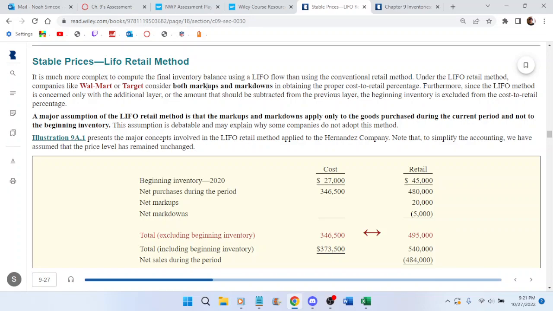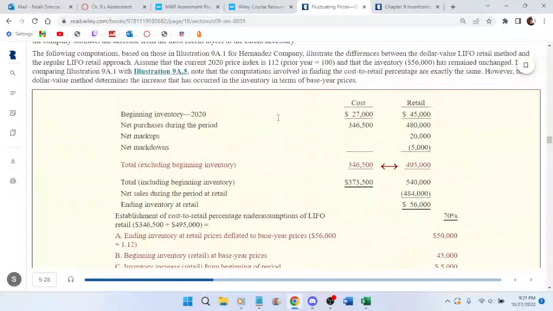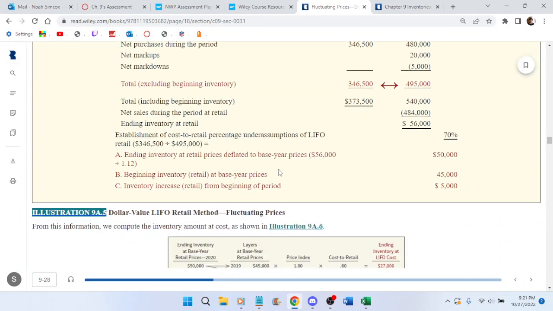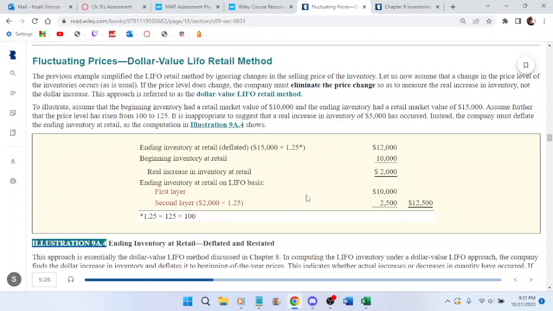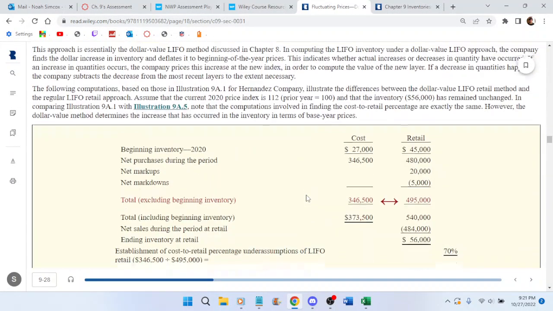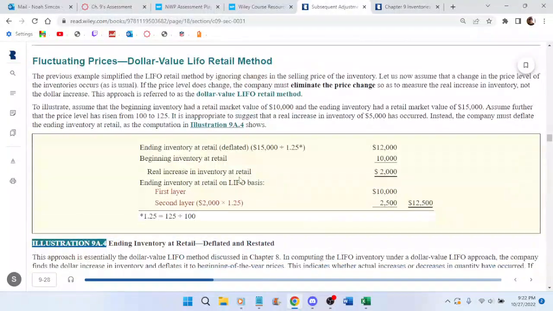Oh, look at that. They consider both markups and markdowns. Hilarious. No, you didn't. That's for the stable?